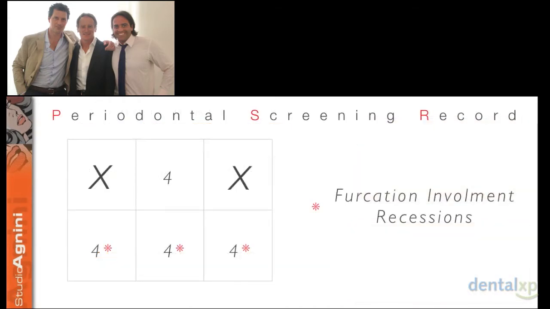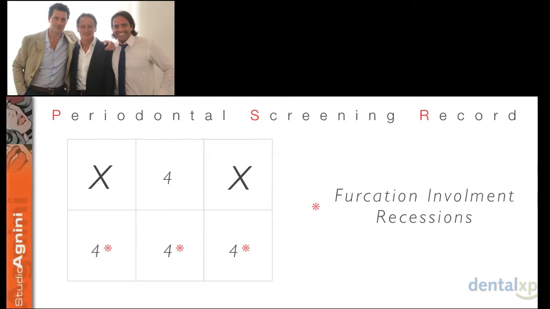So always in the first visit, after all these pictures, we also do a quick periodontal screening, a periodontal screening record that also goes to our charts. And in this case, we see that apart from the upper right and upper left, where there were no teeth, all other sites are 4.